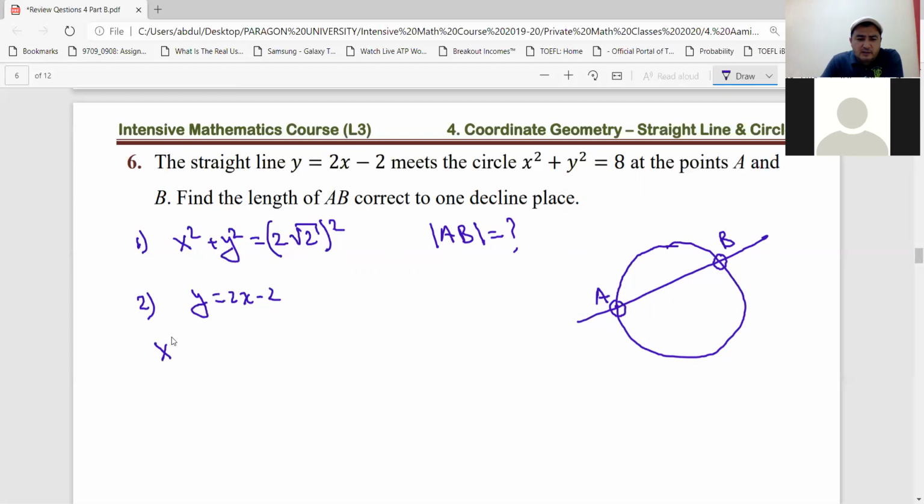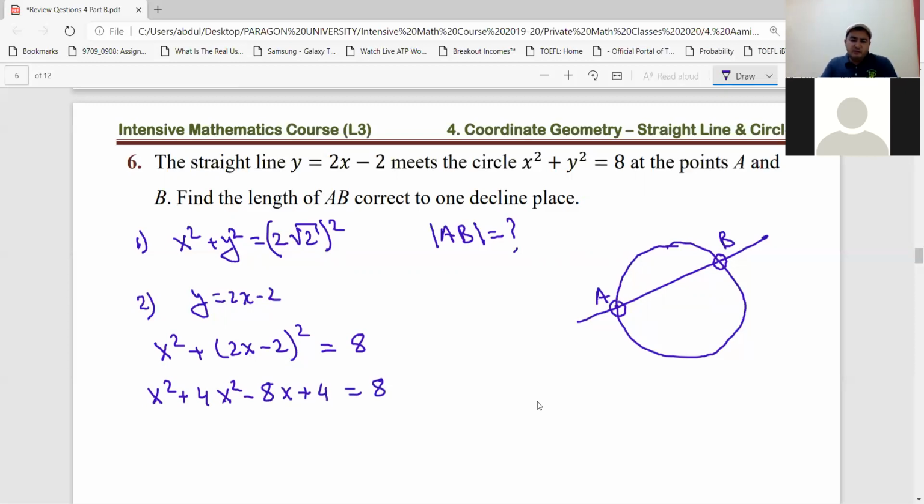So here we have x squared plus (2x minus 2) squared, and on the right hand side we have just 8. This is a quadratic equation: x squared plus 4x squared minus 2 times 2, 4 times 2 is 8, so 8x, plus 4. That's equal to 8.